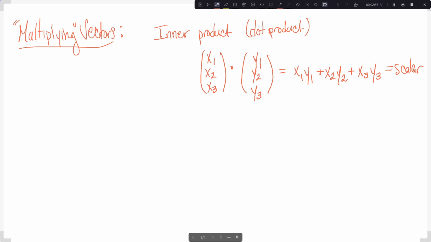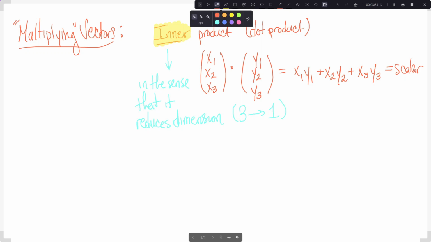And this was called the inner product. And I want to specify what's going on with this word inner. Inner in the sense that it reduces dimension. So we've reduced our dimension from 3 to 1 in this case.